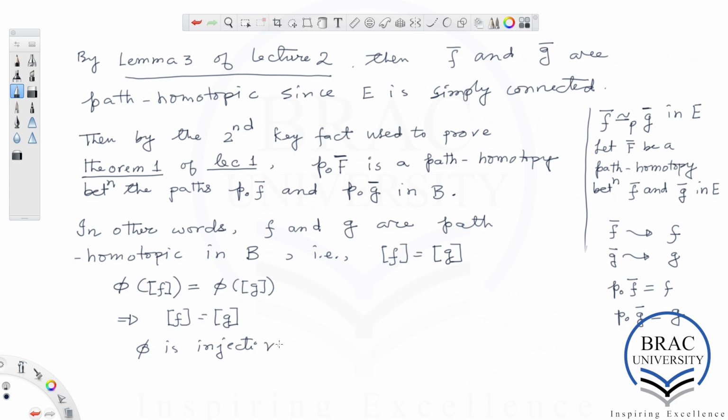Okay, and it's given that E is simply connected, which means that E is also path connected, right?